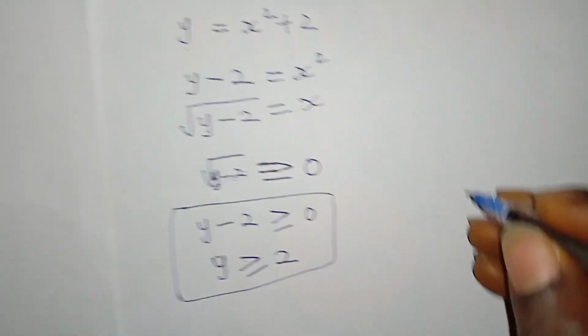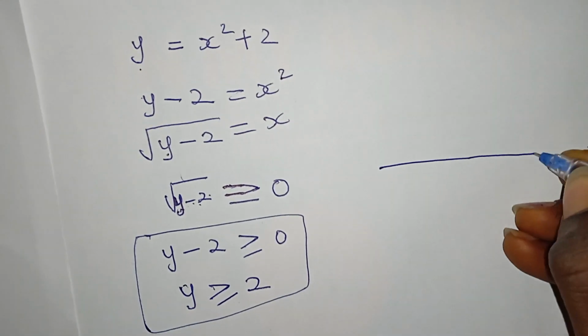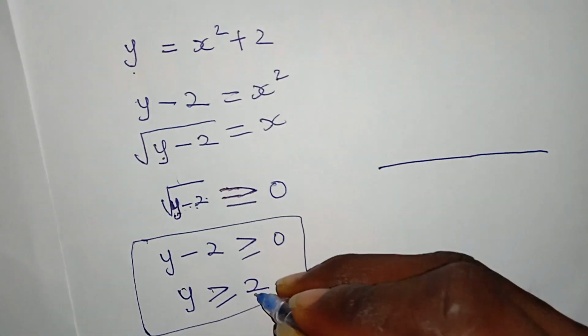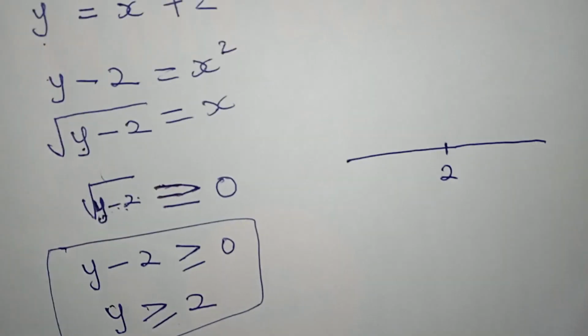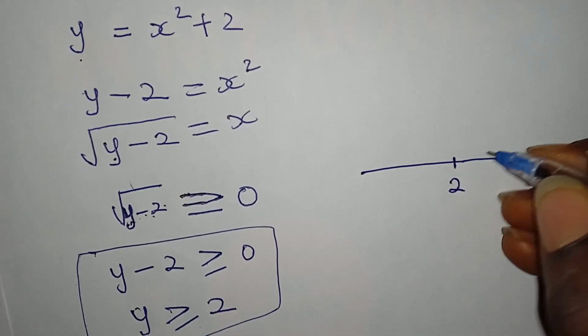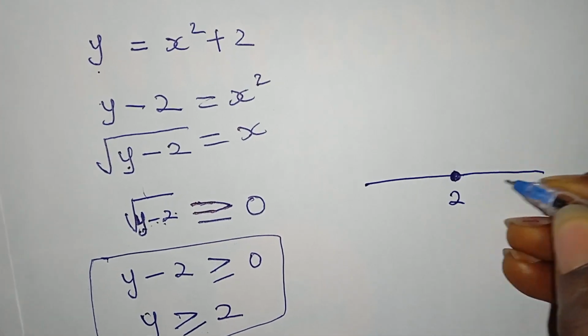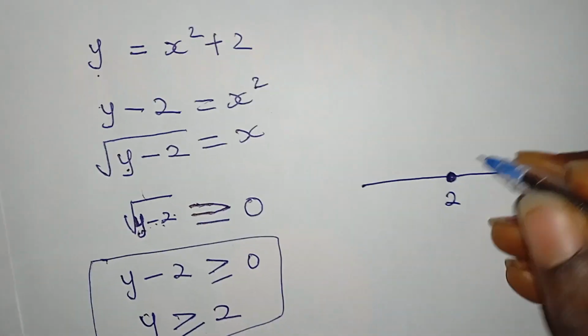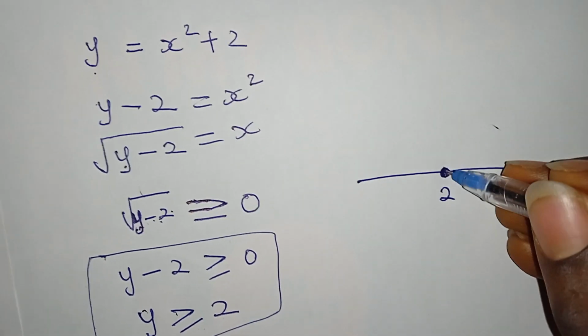So in the notation, there's what we call interval notation. For the interval notation of this, all I need to do is carry this 2 I'm seeing here and put it here. If I put this 2 here, it simply means that 2 is included, because it said greater than or equal to. Greater than or equal to means any number above 2, and 2 included.